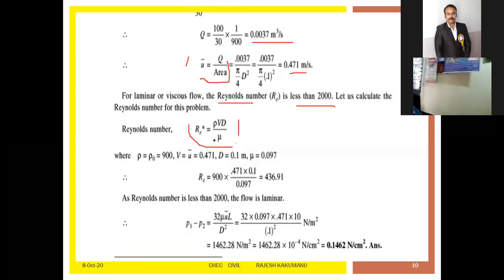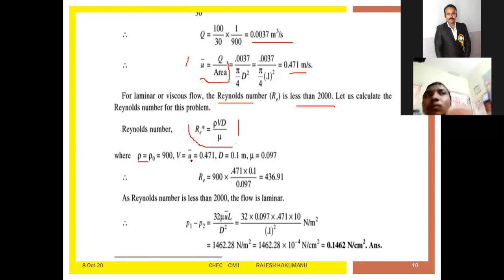So now applying Re, rho into VD by mu: rho is equal to 900, V is the average velocity, D is equal to 0.1 and mu is equal to 0.07.